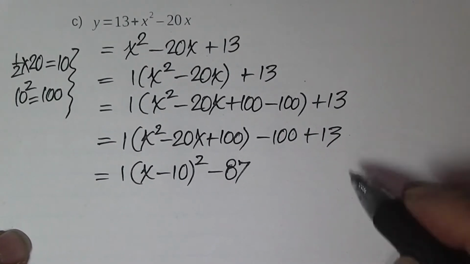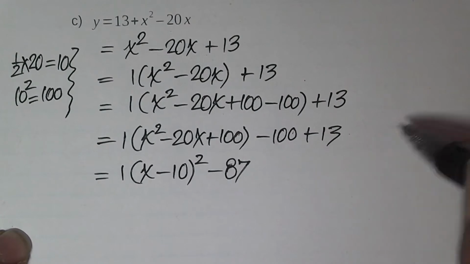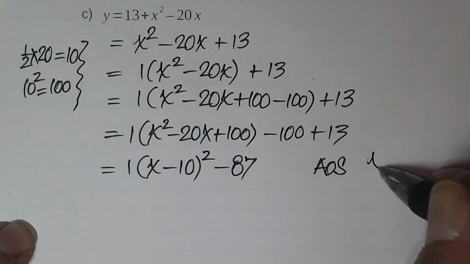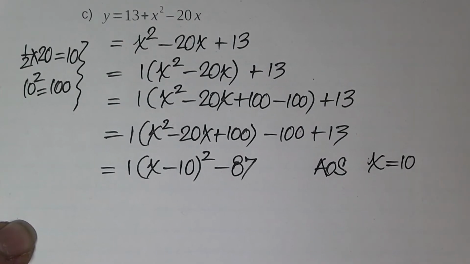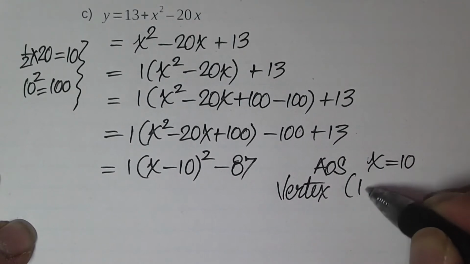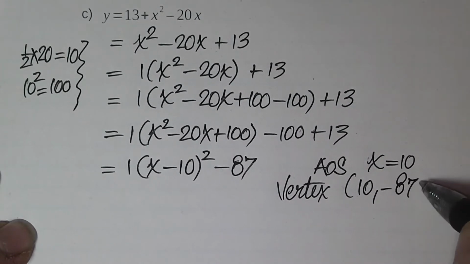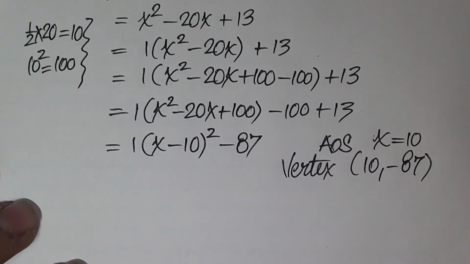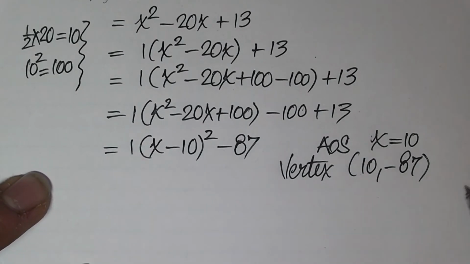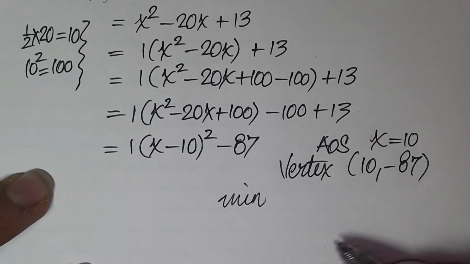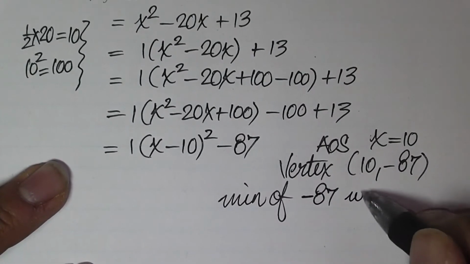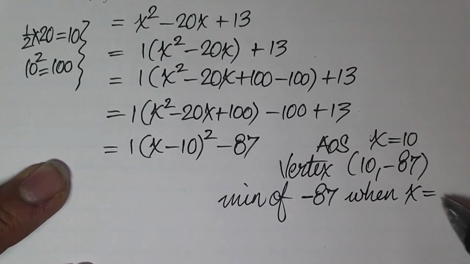So what we've achieved there is my axis of symmetry, x equals 10, my vertex 10, negative 87. My parabola is opening up because a is positive, so I've got a minimum value of negative 87 when x equals 10.